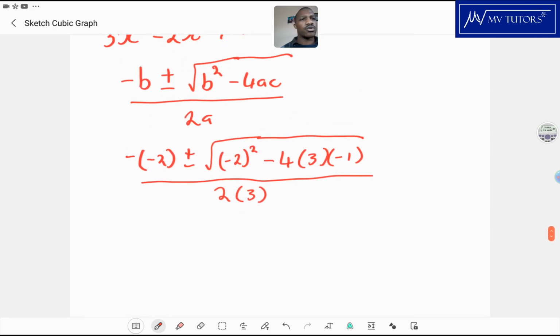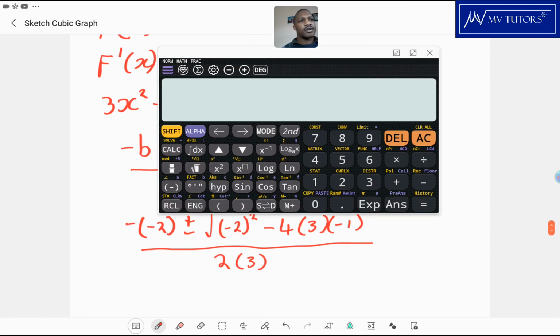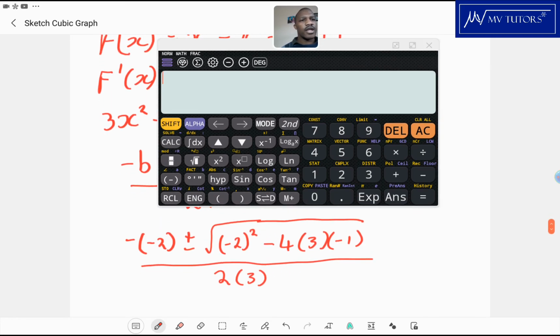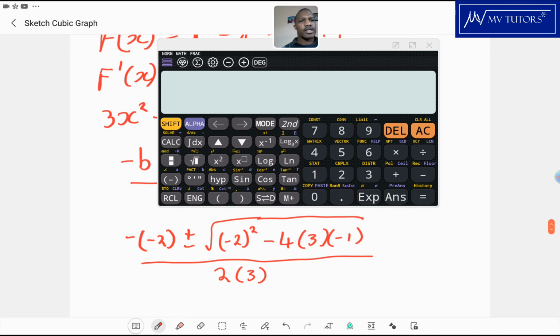Okay, now what we're going to do is bring out our calculator. Okay, now in our calculator, we're going to put it exactly as it is. So we have a negative and negative 2, close the brackets. Let's start with a plus. Okay, and then we'll put the square root, put the bracket, negative 2, close that, and then we square it, and then we have minus 4, that, close the brackets, open it again, put a minus 1, close it.